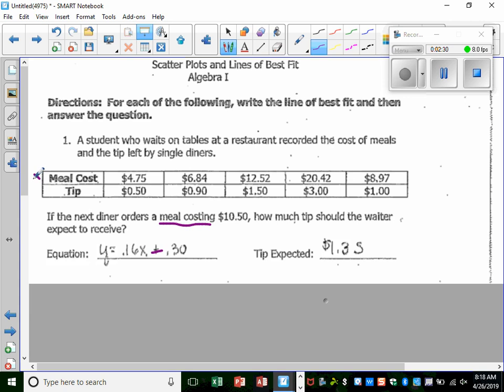Don't always think they're giving you X. In this case they are, but they could have reversed it and said, if I paid $20 for a tip, what was the cost of the meal? So pay attention to whether they're giving you X or Y.